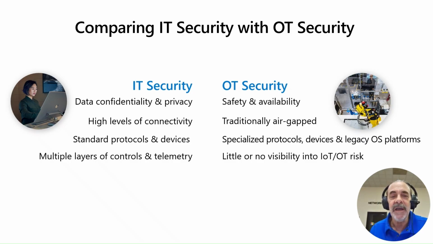Your IT LAN has standard protocols and devices, Ethernet, Microsoft networking, etc. It's a standard set of protocols for almost all the devices on the network. Whereas in OT security, in 1,000 devices at a customer, there might be 300 different types. So there's a high variety of endpoints in the solution.